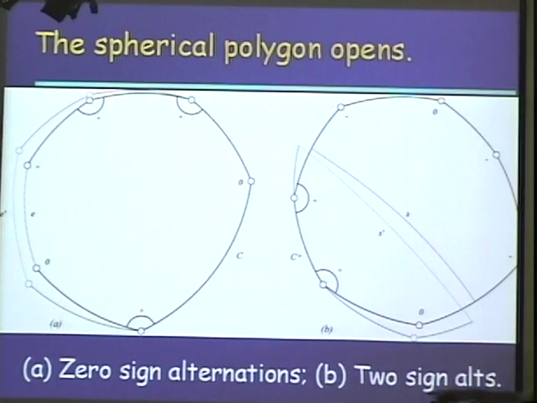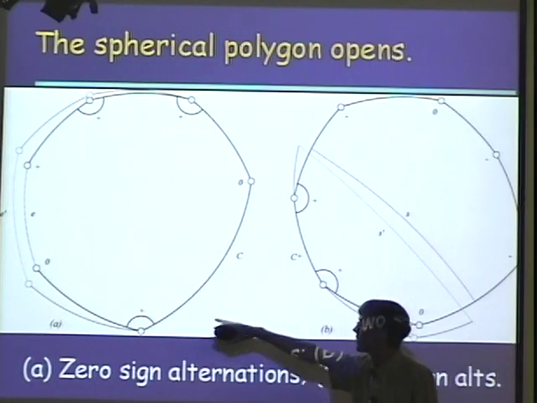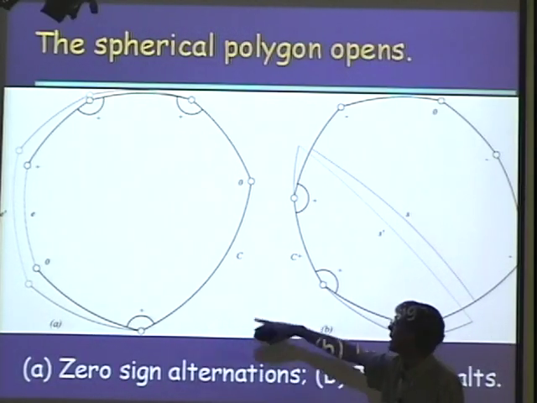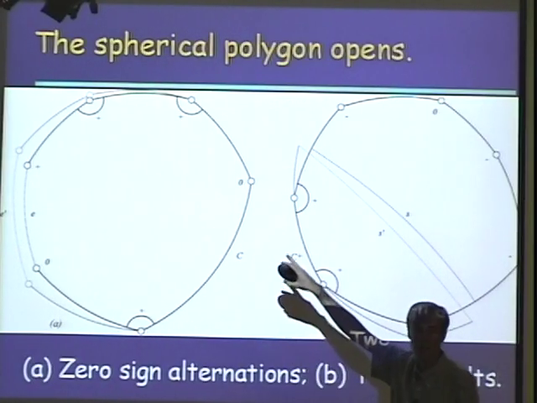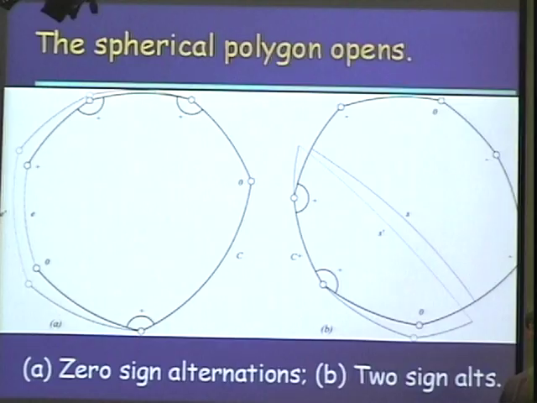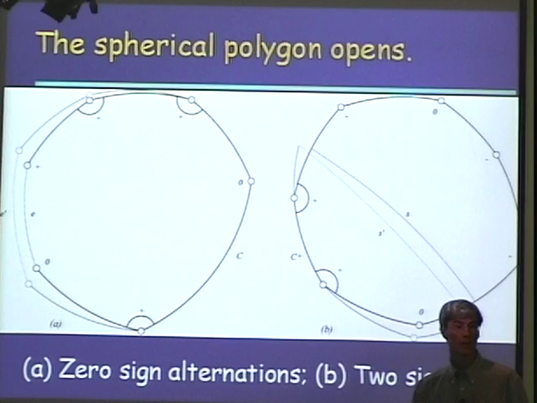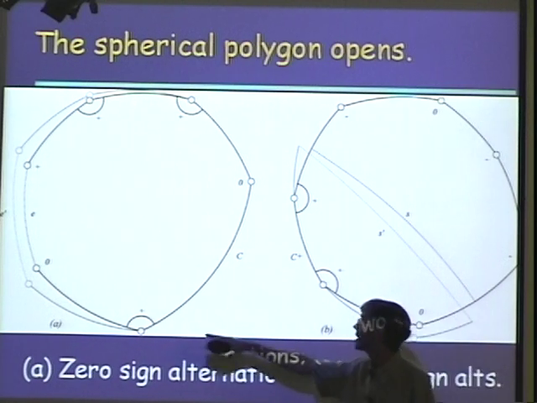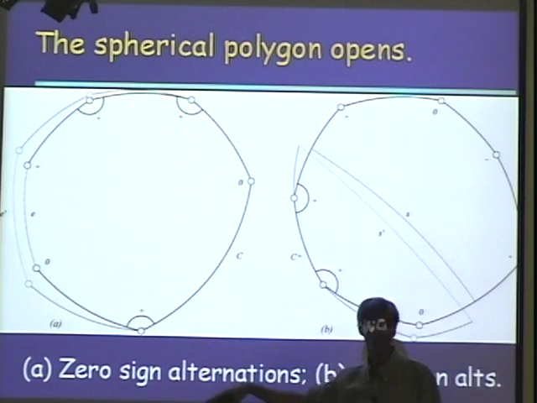So here I imagine this is the spherical polygon for Q, and I've labeled 0, plus, 0, etc. So this is the case where there are 0 sign alternations. They're all pluses, no minuses. This means that in Q, all the dihedral angles are open with respect to Q prime. Now, because the face angles are the same by assumption in the two polyhedra, the arc lengths of the spherical polygon are all the same.